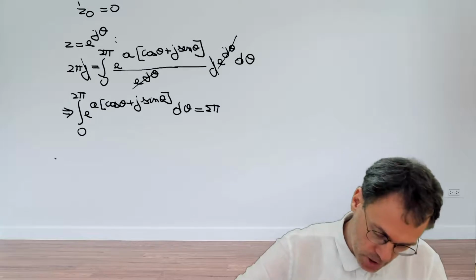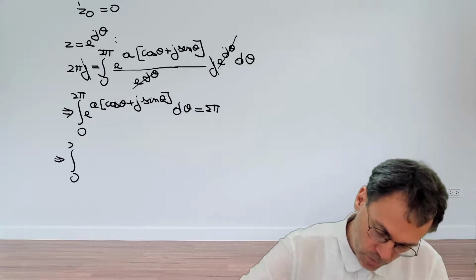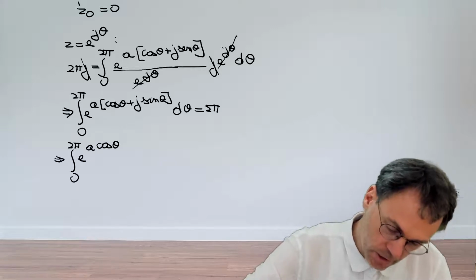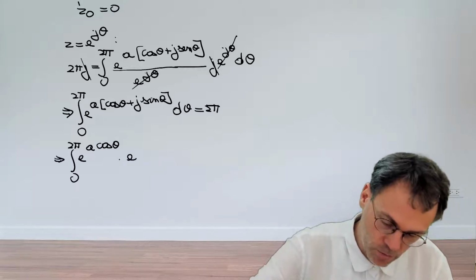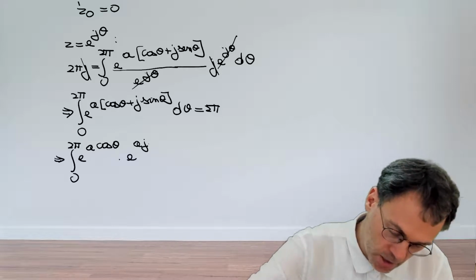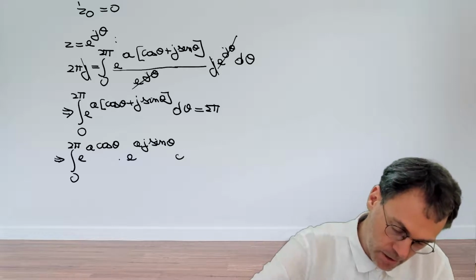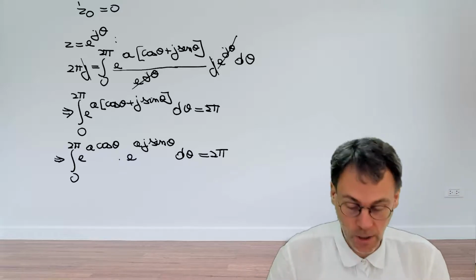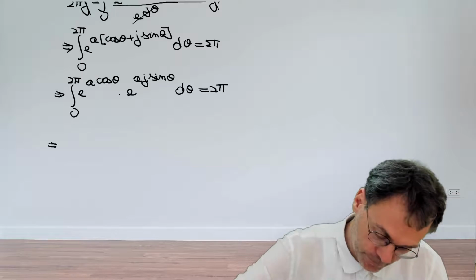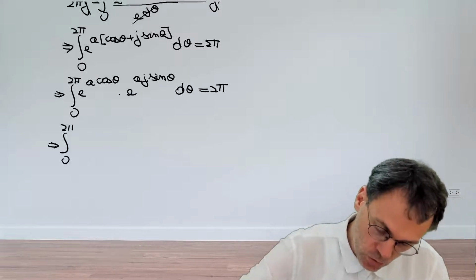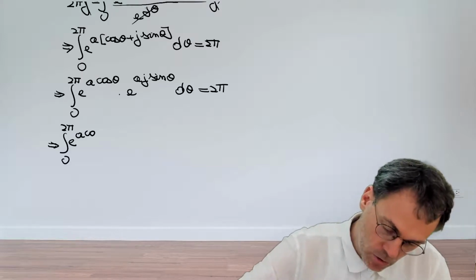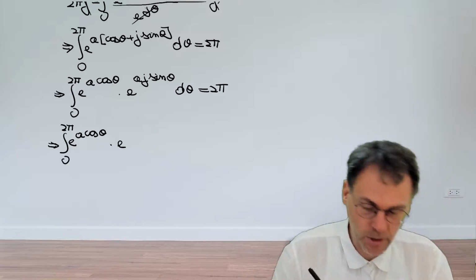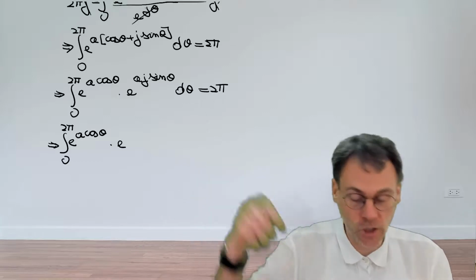Okay, let's massage this expression a bit more. So first of all, we can write this as e to the power of a cosine theta times e to the power of a j sine theta d theta. And then we can apply Euler once more to the second factor. So the integral from 0 to 2 pi of e to the a cosine theta, and then we have e to the power of j something.